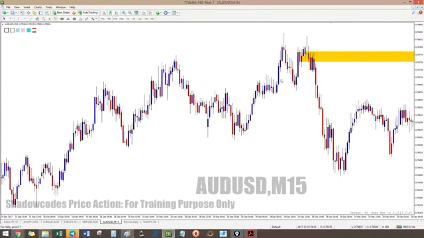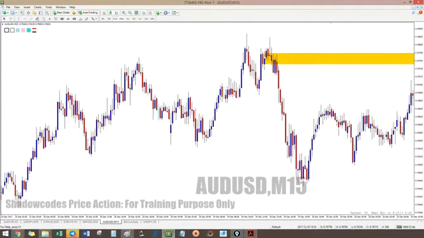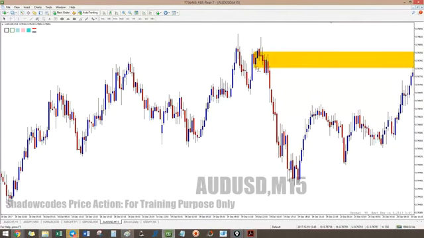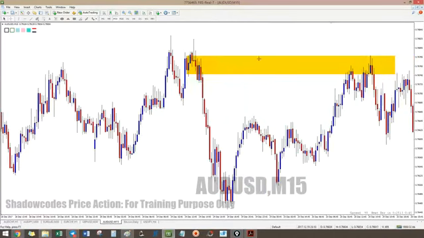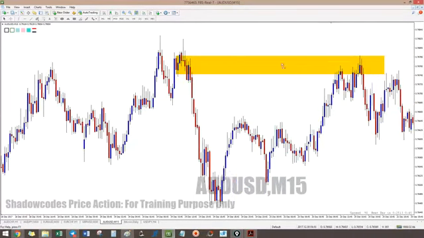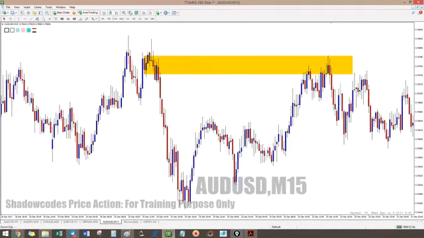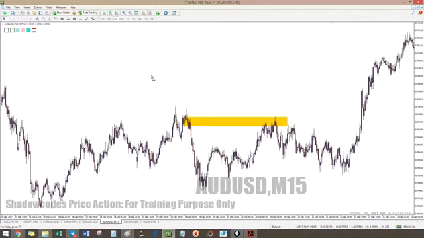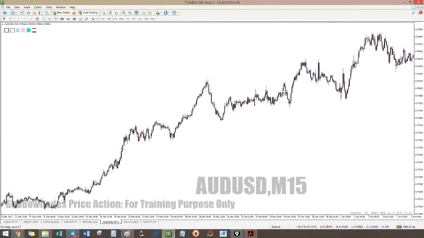Look, this is a rally base rally. It's able to break, so this is a demand zone, and then price drops down. So this makes it our swap zone. I think this is not clear enough. So can we find another one? I don't want to make it confusing. Alright, wait a moment.